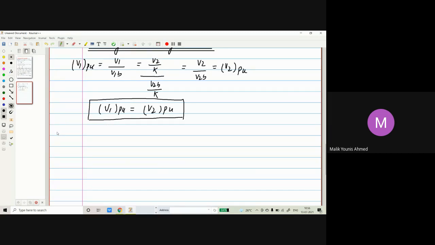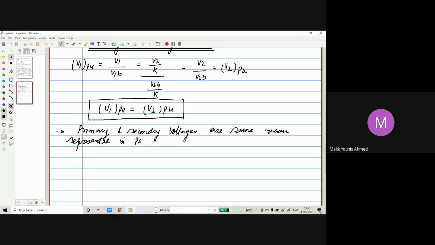Next, I can write here that primary and secondary voltages are the same when represented in PU.